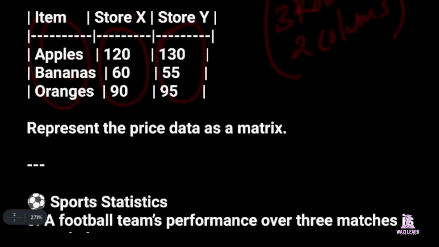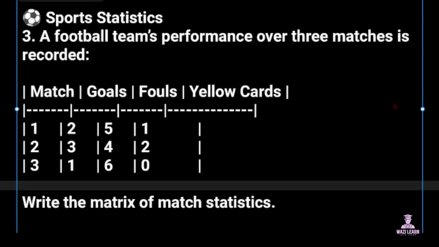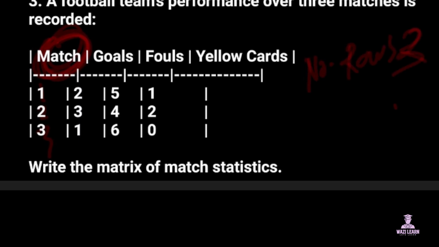Our third example, sports statistics. A football team's performance over 3 matches is recorded as below. Our individual items are match 1, match 2, and match 3, so our number of rows will be 3. Our categories are goals, fouls, and yellow cards, which are also 3, so we'll have 3 rows and 3 columns.